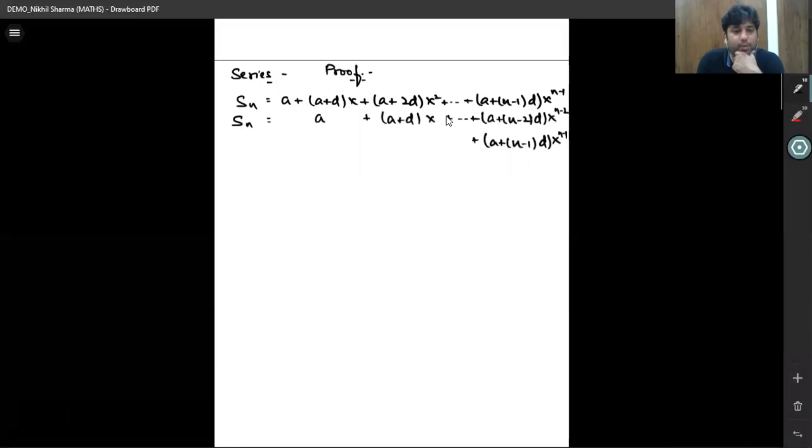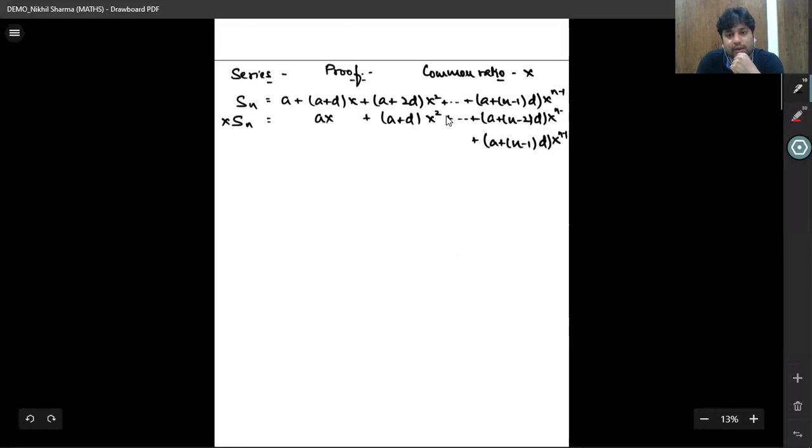And my next step would be, what is the common ratio over here for the GP? Common ratio is x. If x is your common ratio, then I'll multiply the second series by that common ratio, which is x. So if I multiply by x, all the terms would get multiplied, and this would be ax, a plus d times x squared.